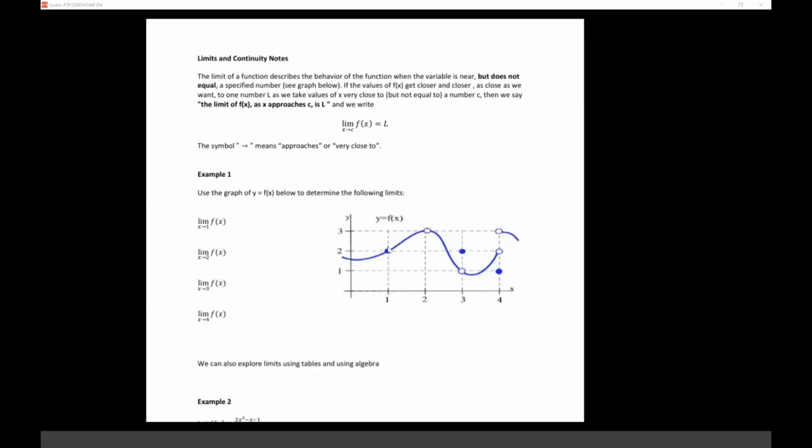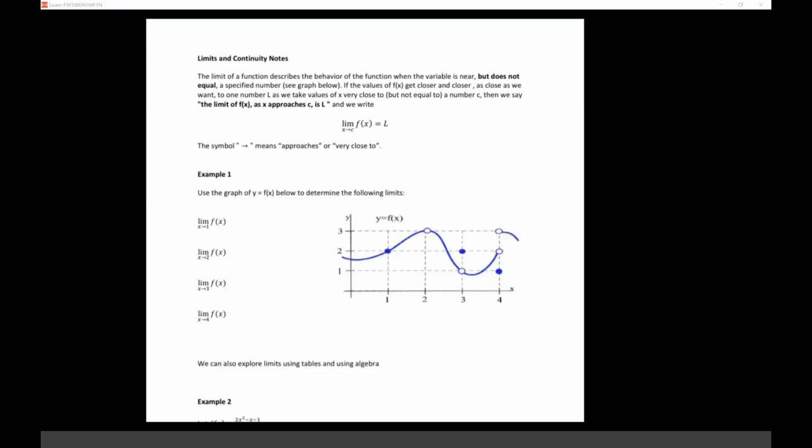I'm approaching the f of x value of 2. You're probably saying, well, duh, when you actually get to x equals 1, the function value is 2. Yes, that's a nice, smooth, well-behaved function.